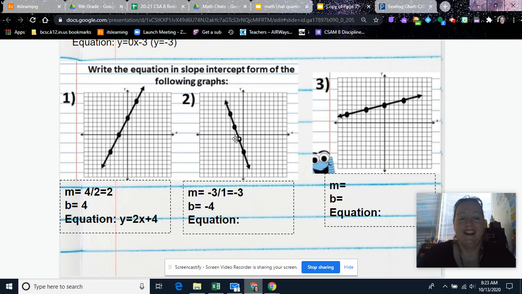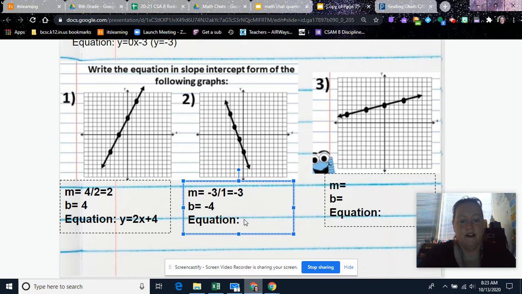So since I went in a negative direction for one of those, it's going to have a negative slope. So this time when I counted, I would have got a +3 over a -1. If you start up here, you would go -3 over +1. And either way, when you simplify that, you're going to get -3. So it doesn't matter which direction you count, as long as you're counting to 2 points on the line.